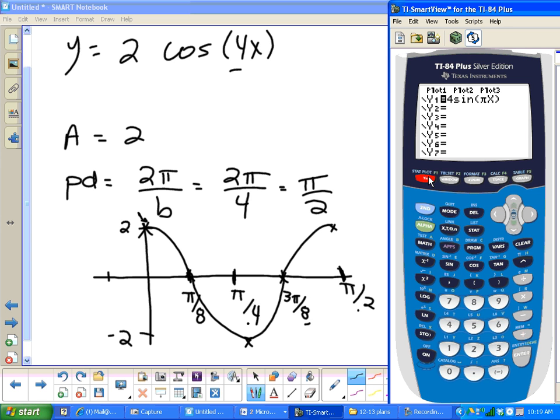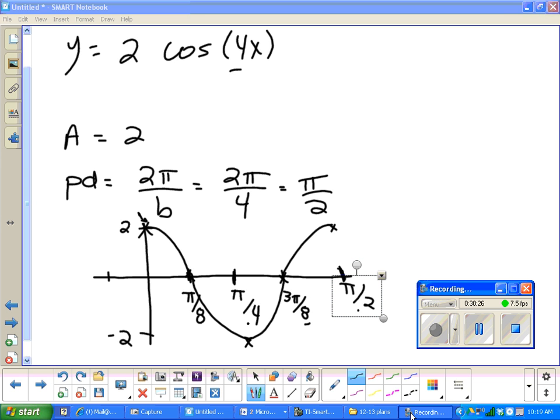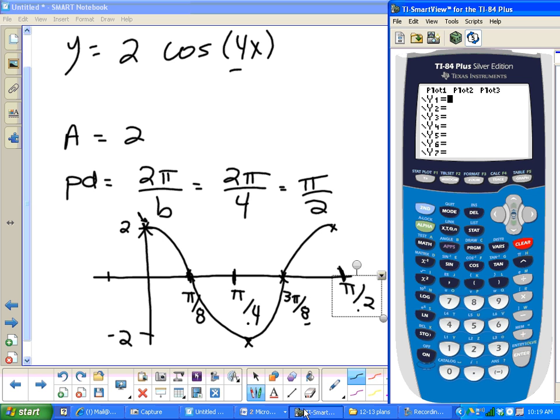So it's like second zoom, and then turn it on. All right. Now let me clear this one out. All right. Let's punch this one in. Oh, I'm sorry. Let's be sure to do this first. Because our angles here are like this, we're measuring them in radians, right? So your calculator needs to be in radian mode. So go to mode. Okay, be sure it's in radian mode and not degree mode.